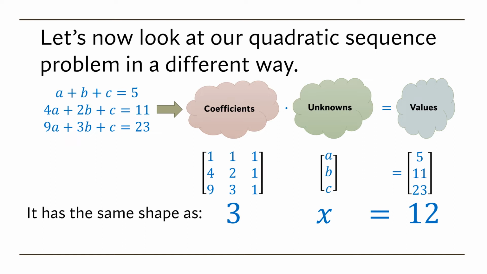In 3x equals 12, we've got a coefficient times a variable equals a value. Surprisingly, the way we solve the problem with the numbers in the boxes has the same pattern as the way we solved 3x equals 12. Let's see that.